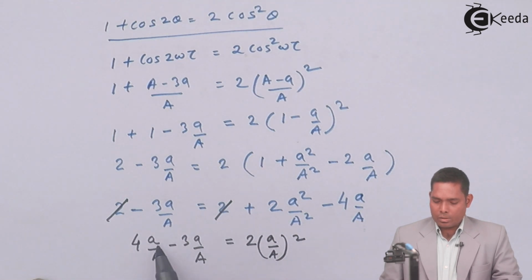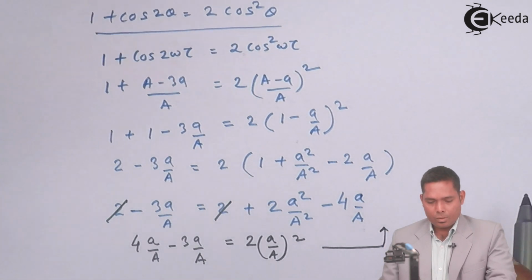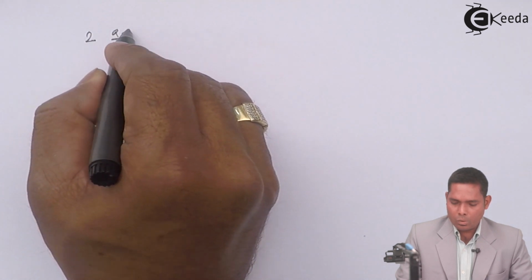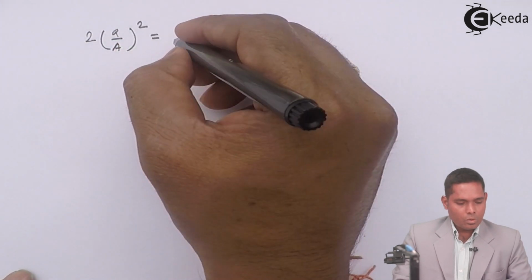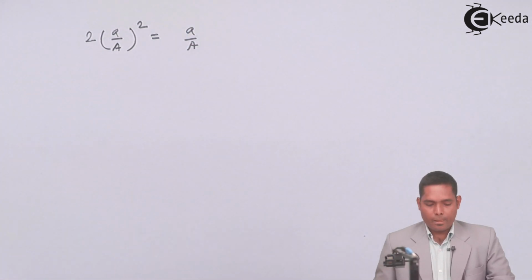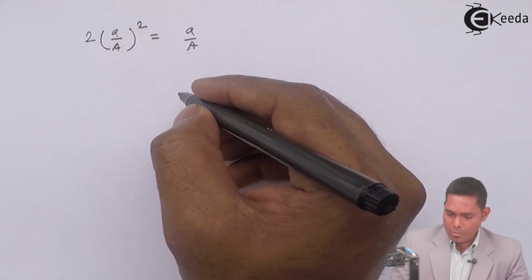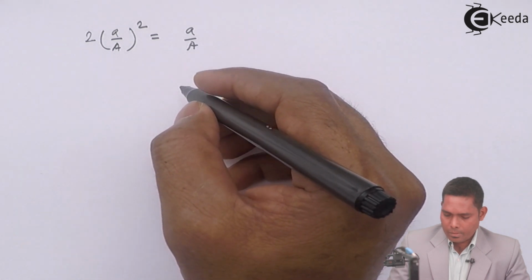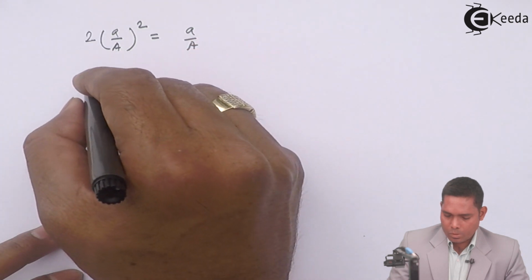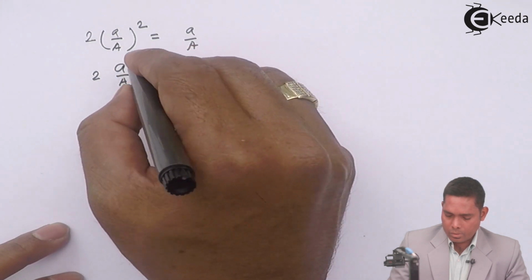Now 4 minus 3 is 1, so it is a by a. This means that (2a by a) the whole square equals 4 minus 3, which is a by a. This is what you got. Okay. So from here I will get 2 of (a by a) the whole square.